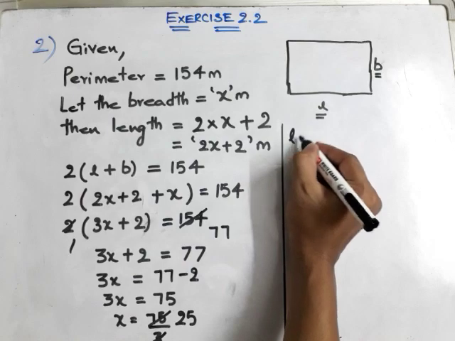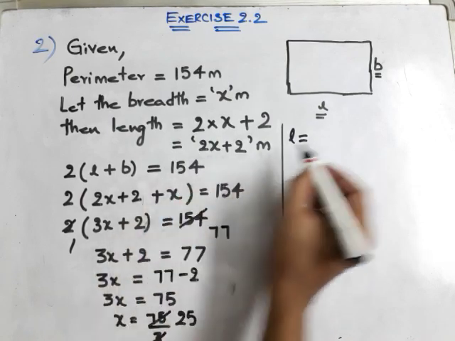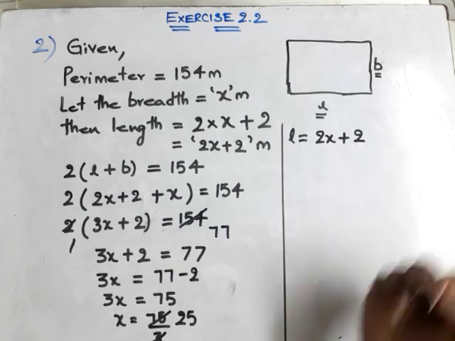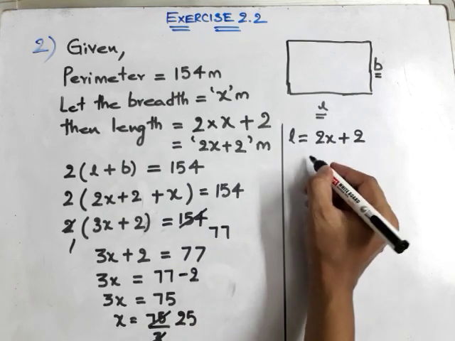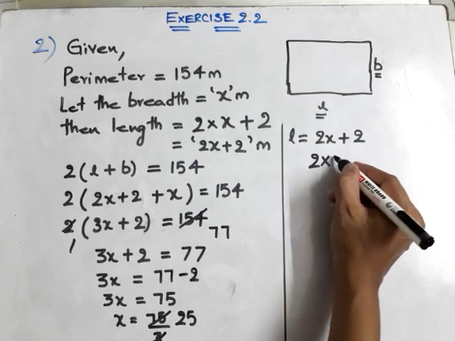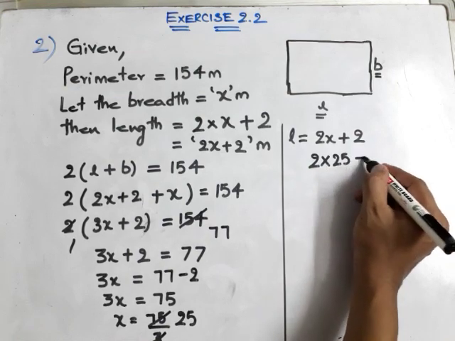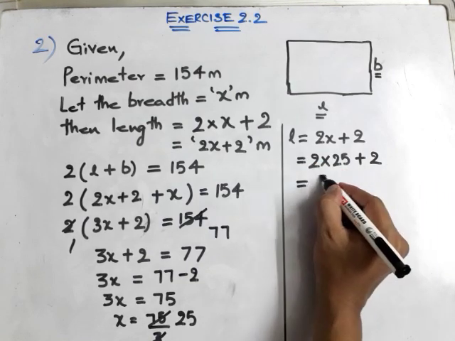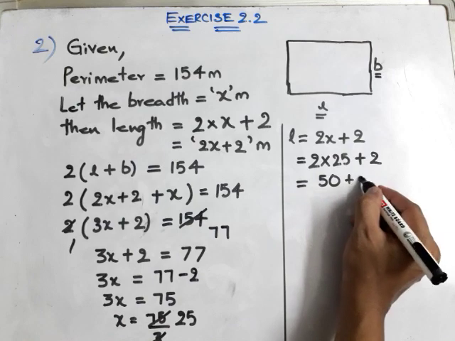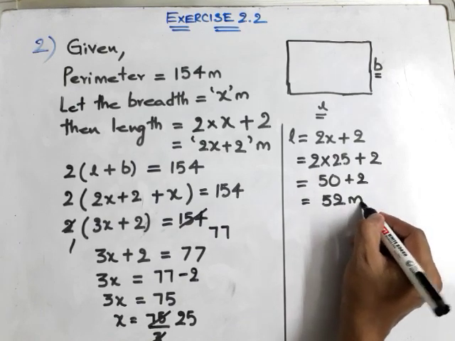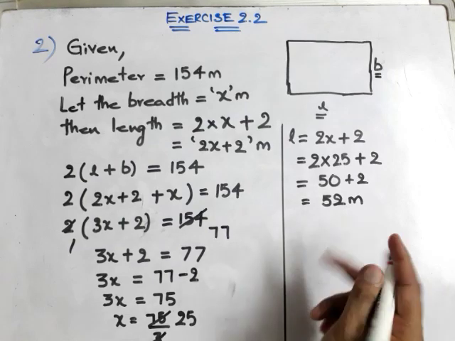So L is equal to, what is the value of L we have in the variable terms? 2x plus 2, and we have the value of x as 25. So 2 into 25 plus 2, 2 into 25 is 50, 50 plus 2 is equal to 52 meters. So the value of L is going to be 52 meters.